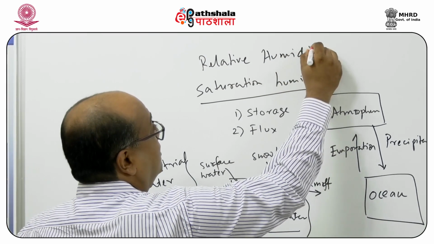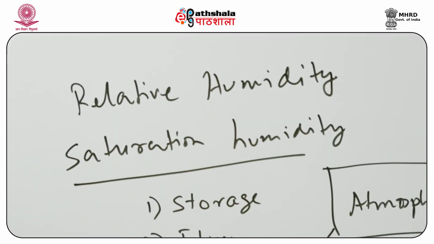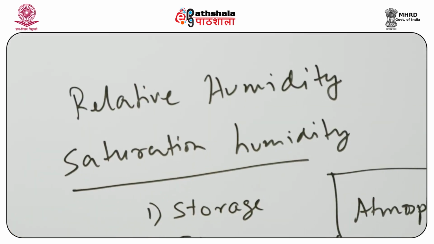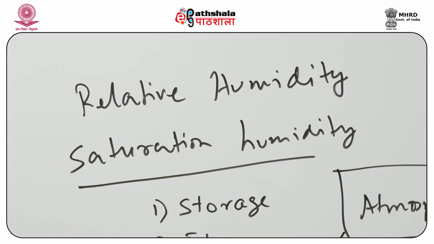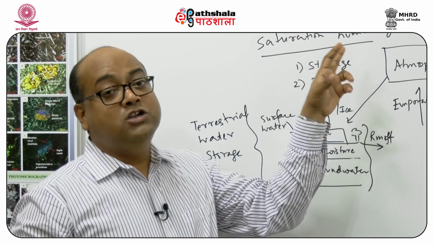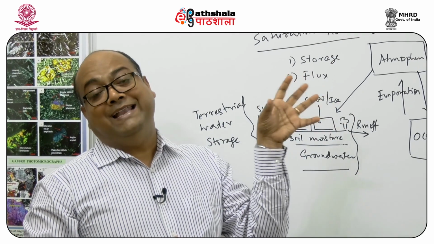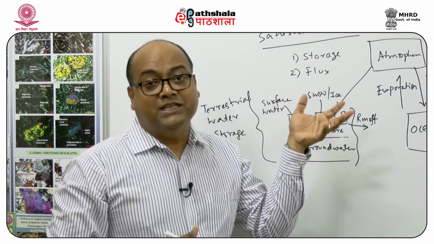Now, this is a very common term we often hear. What is the relative humidity? Relative humidity is the ratio of the water vapor present in the air at a particular temperature divided by the maximum amount of moisture it can hold at that temperature. Generally, we represent that as a percentage.